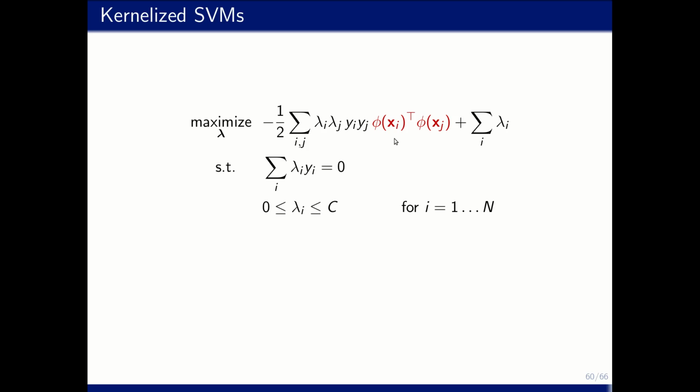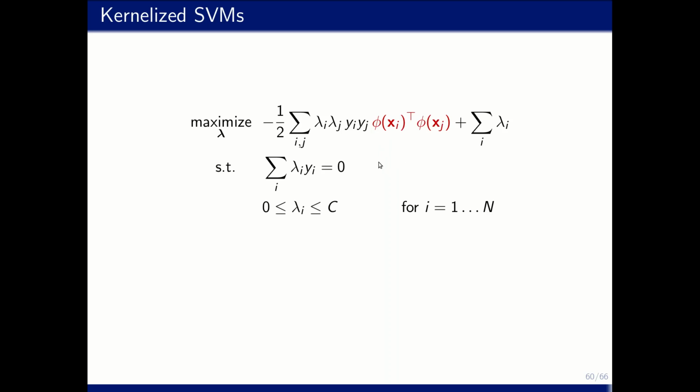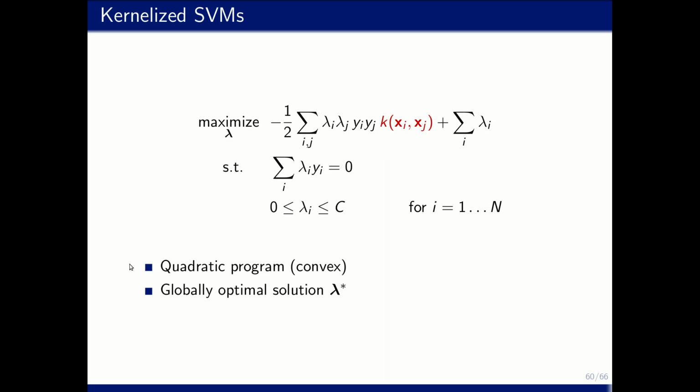We can do this conceptually, and we know that this inner product in our feature space now corresponds to some positive definite kernel k. And this is it. We start with our inner products xi, xj, and instead we just plug in a positive definite kernel. This is the kernel trick for support vector machines. This is still a convex quadratic program, and we find a globally optimal solution. So very simple. This is how we kernelize SVMs.